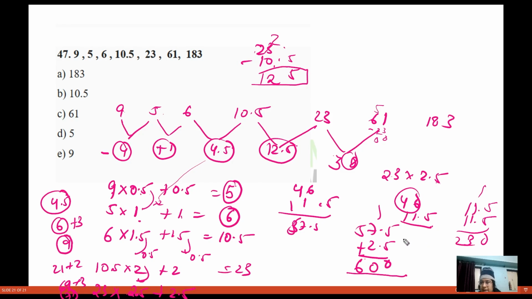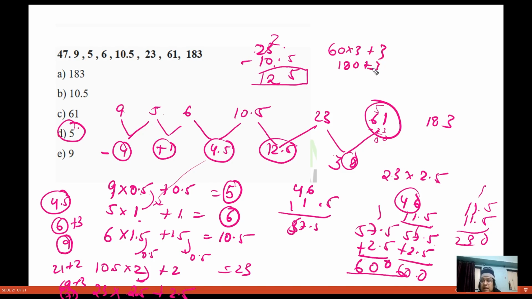So how much am I getting? 57.5. And 57.5 into 2.5 if I do, so this becomes 60. So obviously this is the only wrong one. 61 is wrong. It has to be 60, and then 60 into 3 plus 3 is 180 plus 3, so that becomes 183. So 183 is correct, 61 is wrong.